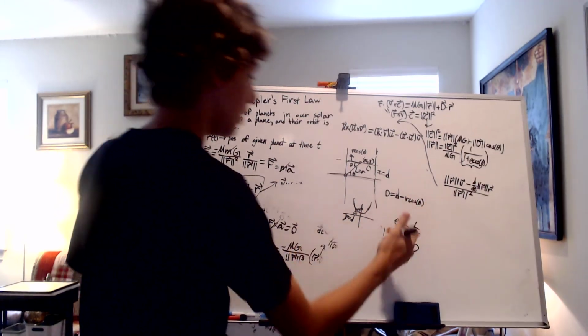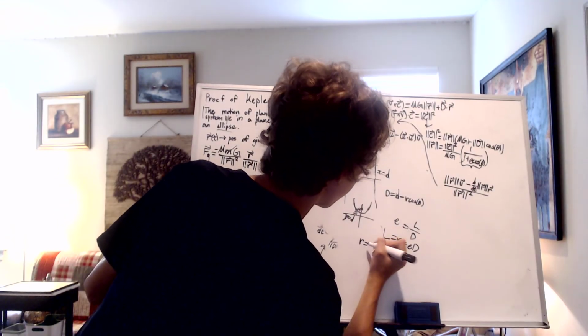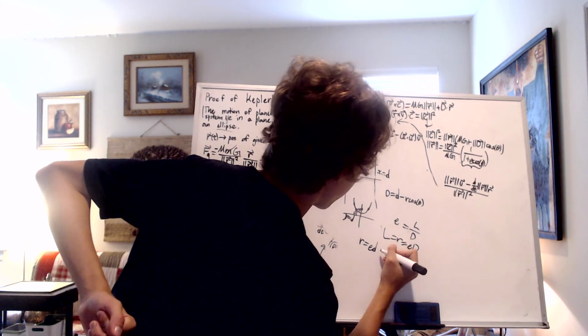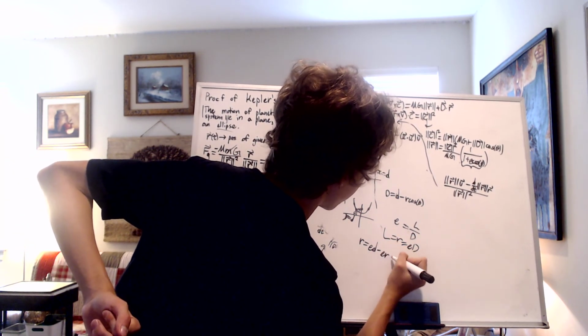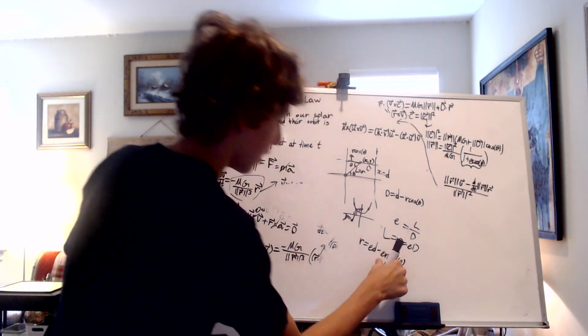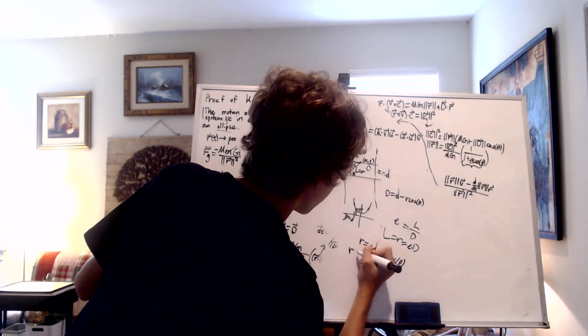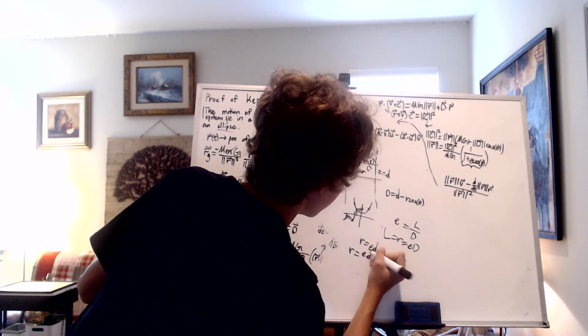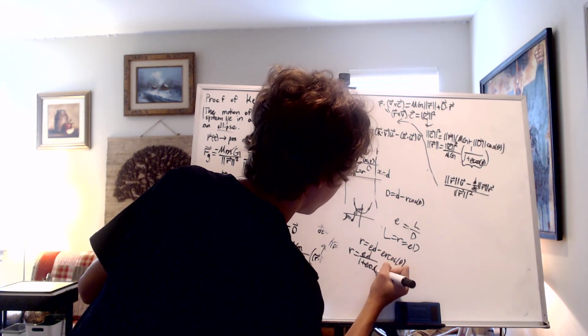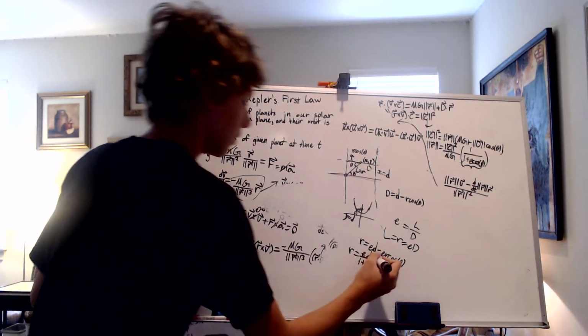If we plug in our d, we get R is equal to ED, lowercase d, minus ER cosine theta. To solve for R, we add this on both sides, and we get R equals ED over 1 plus E cosine theta. And that finishes that.